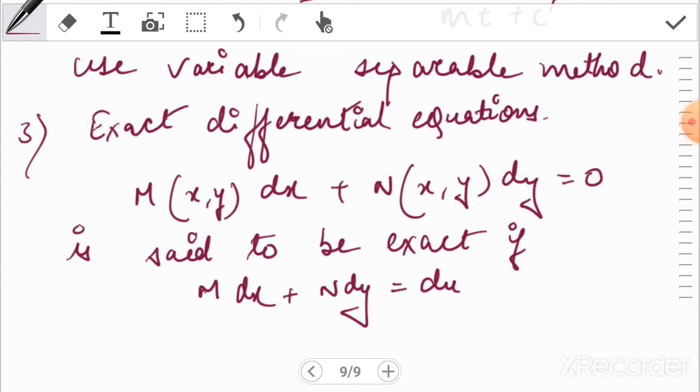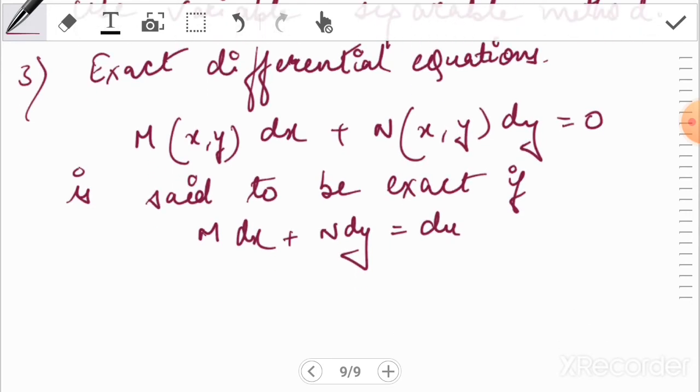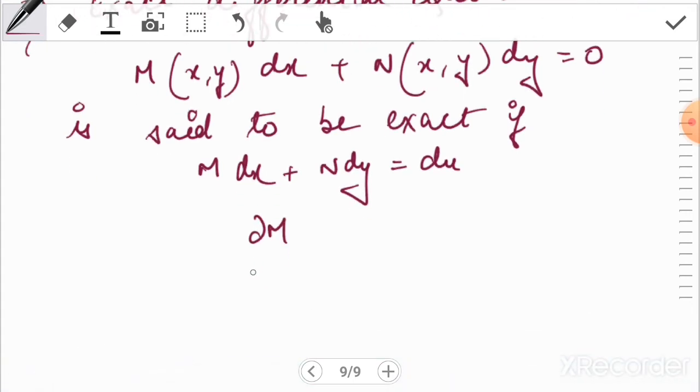Next is the necessary and sufficient condition for the differential equation to be exact: del M by del y is equal to del N by del x.